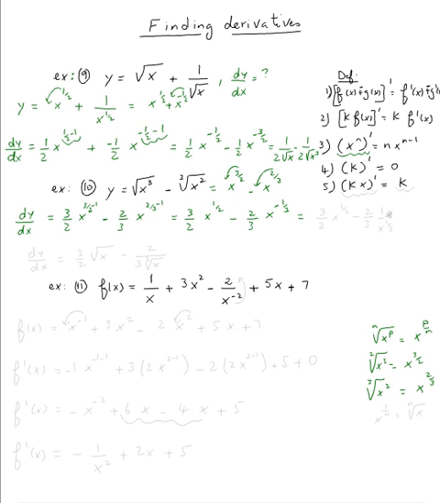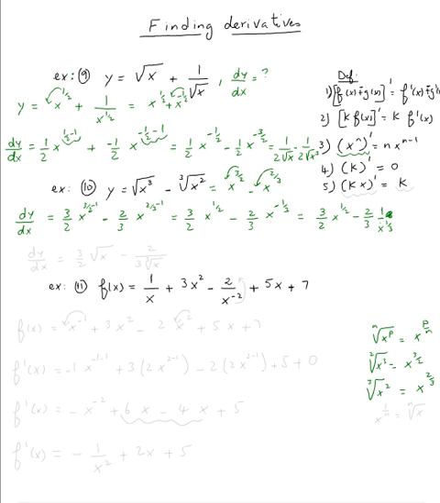Now this is equal to 3/2 x to the 1/2 minus 2/3 x to the negative 1/3. Now when you have a negative exponent, you move it to the bottom. Well, let's do it here, and then it becomes the same thing as 1 over x to the 1/3. Let me get rid of this part.